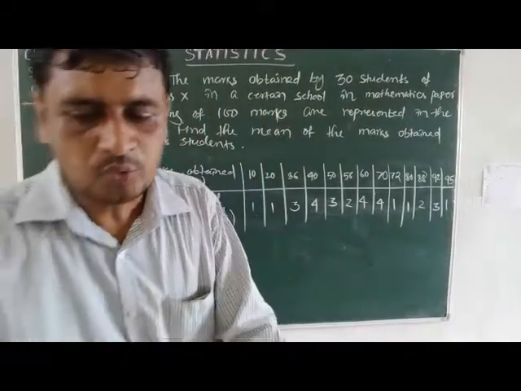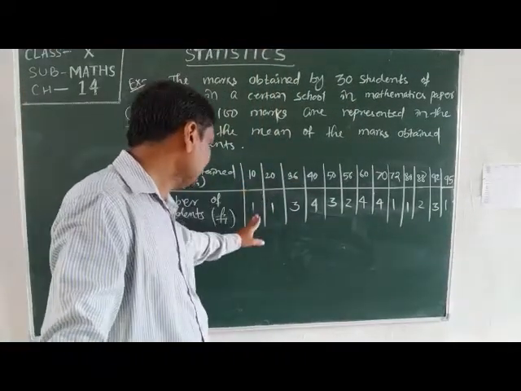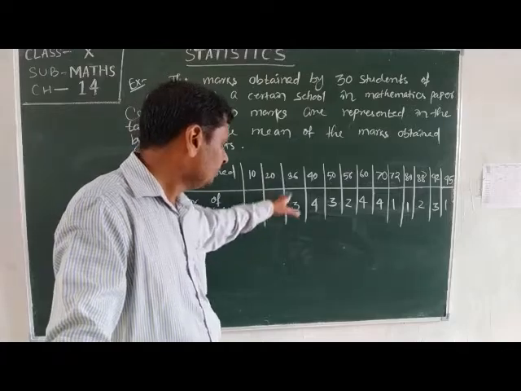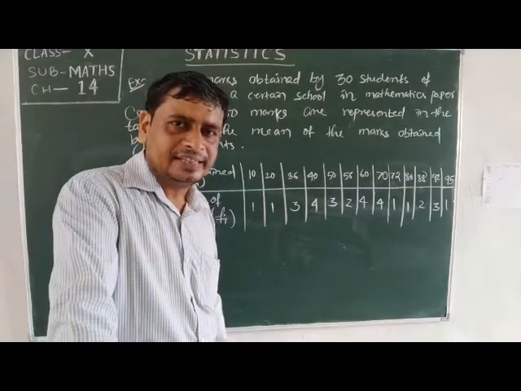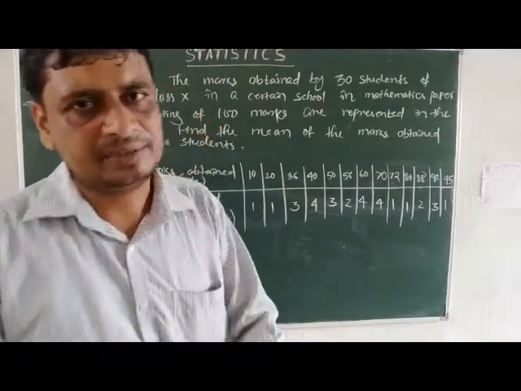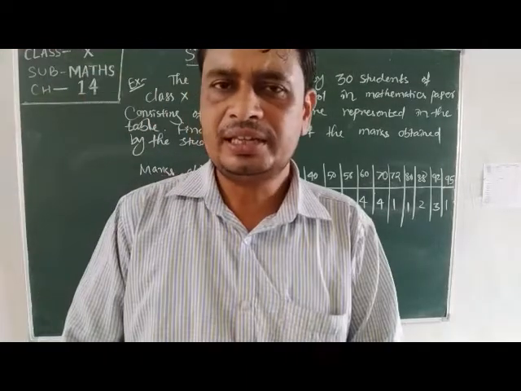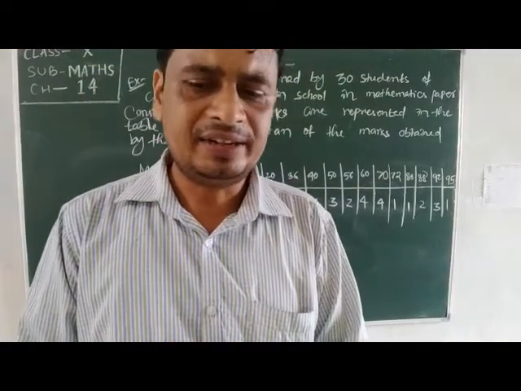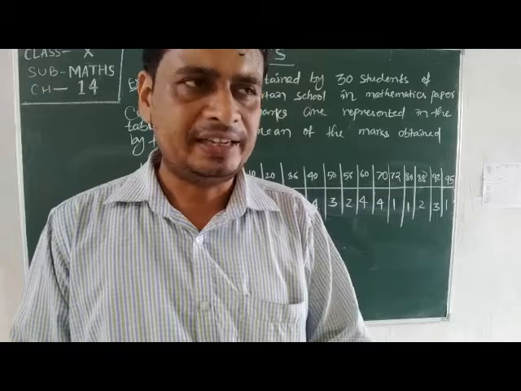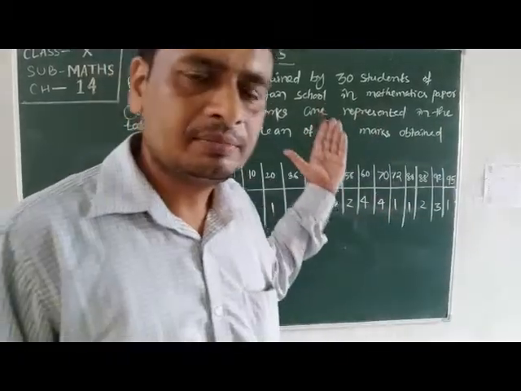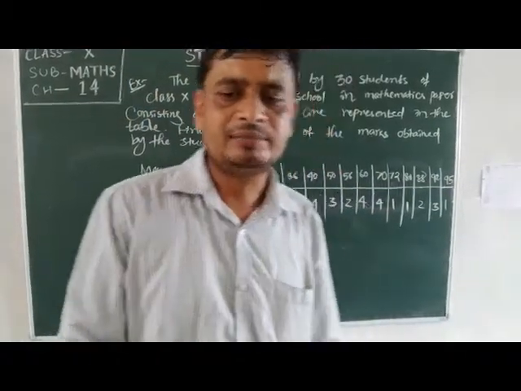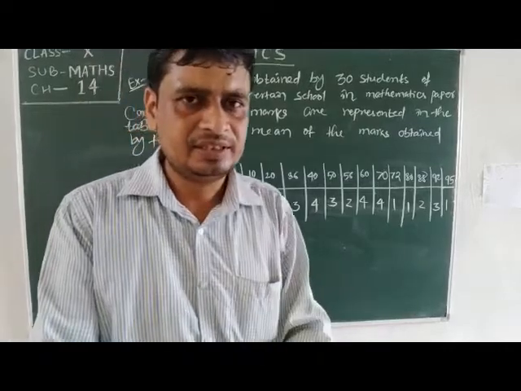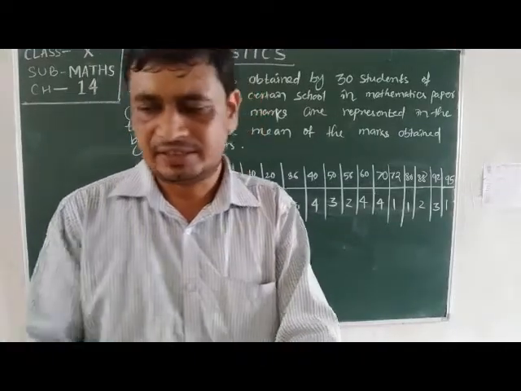But when we find the product of fi and xi, then we will get the sum of all the observations. So first we draw another table with columns: the xi column, then the fi column, then the fi xi column. Then it will be easier to understand.